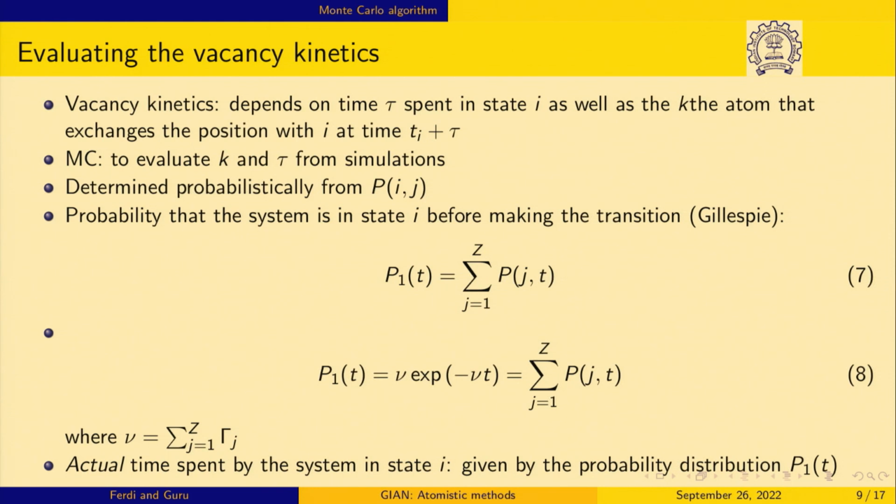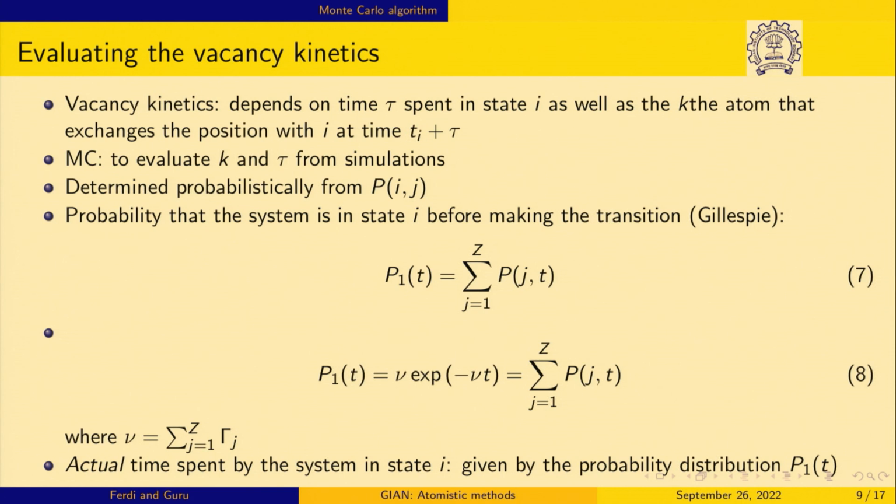So, the probability that the system is in state I before making the transition is given by P1(t), and P1(t) is the sum over j equals 1 to z of Pjt. If you write nu as the summation j equals 1 to z of gamma j, you can write P1(t) as nu exponential of minus nu t. Now, this amount of time is spent irrespective of which jump it is going to make.